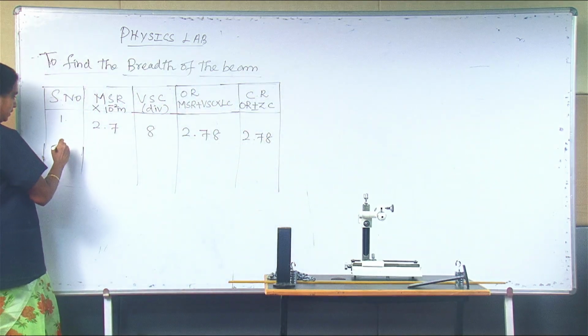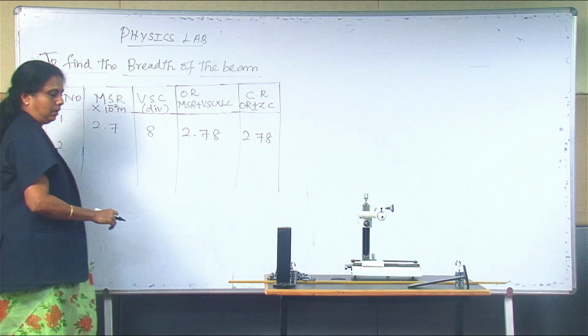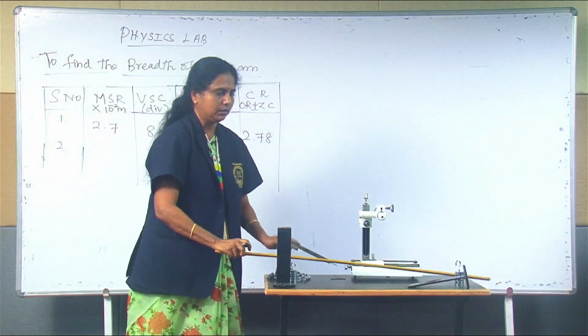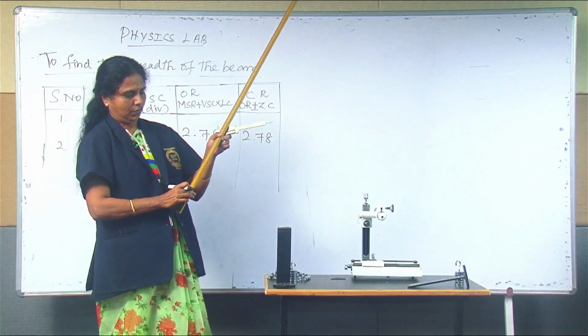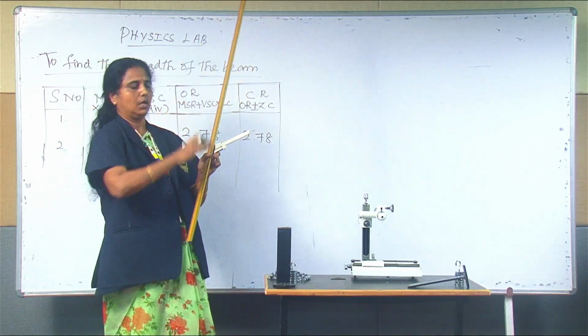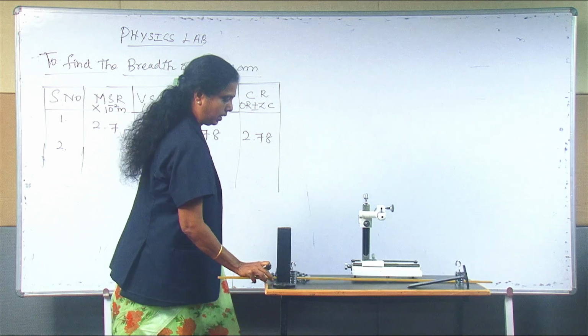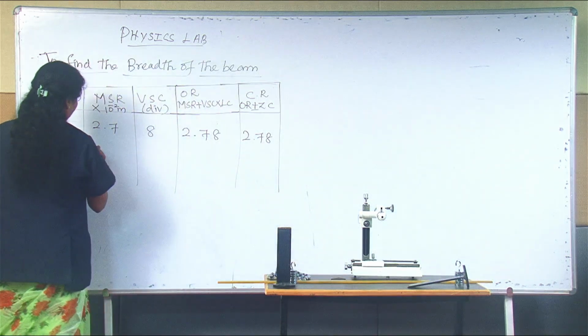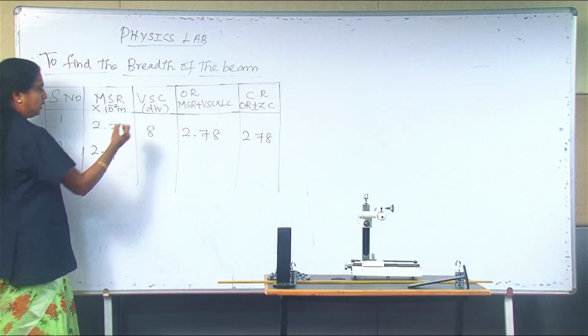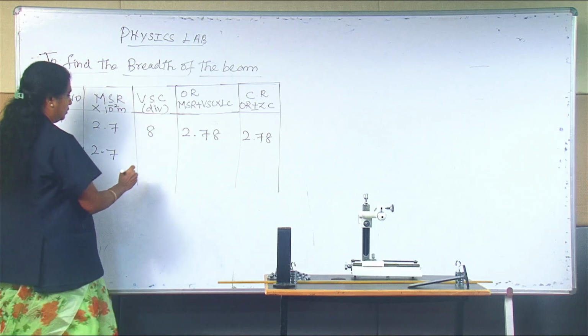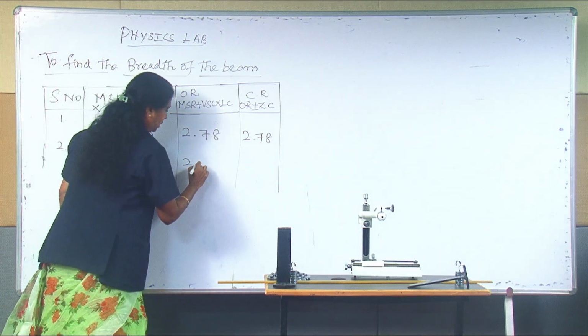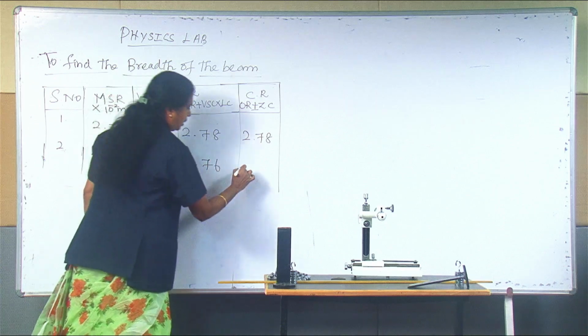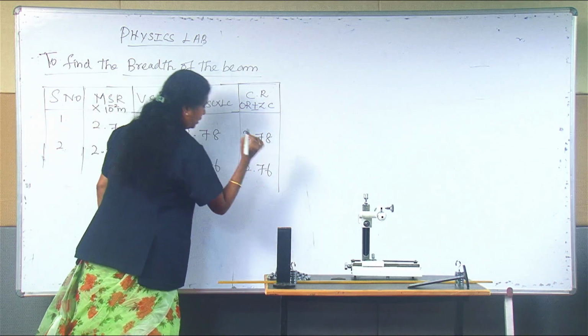If I go for the same object, we are asked to take readings at 3 different places like this. You have to fix, and take readings at 3 different places. So for the second time also I am getting 2.7, but the coincidence differs a little, it comes around 6. So I simply write it as 2.76, and the observed reading is the correct reading.